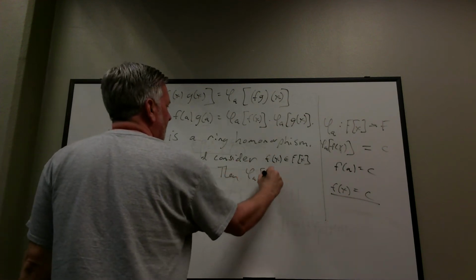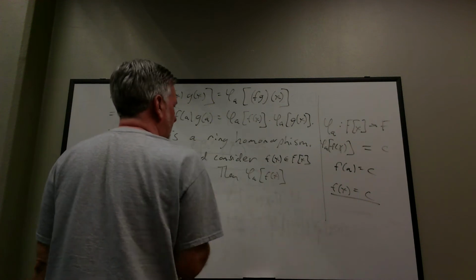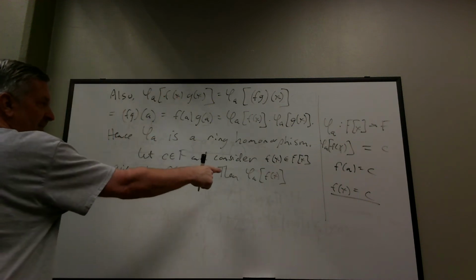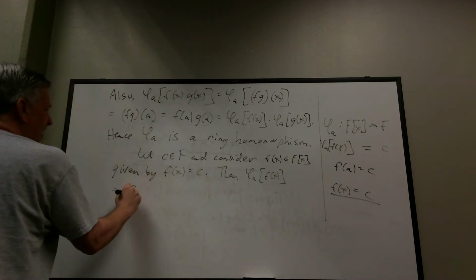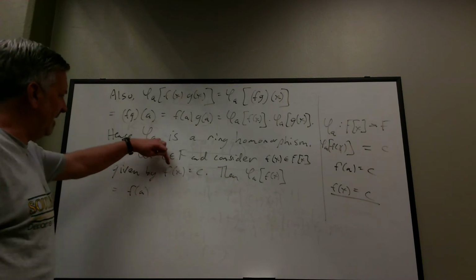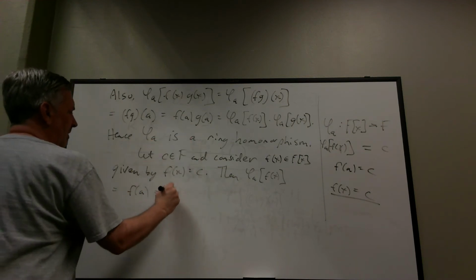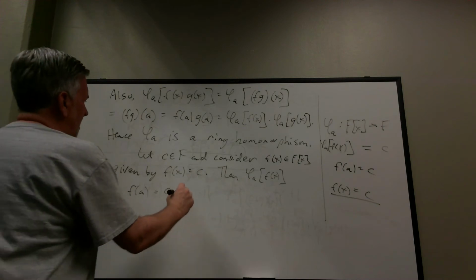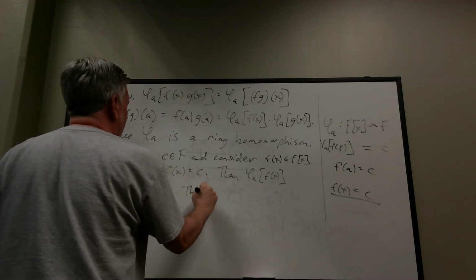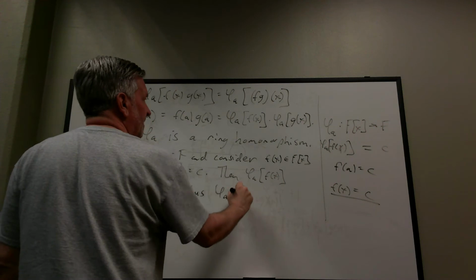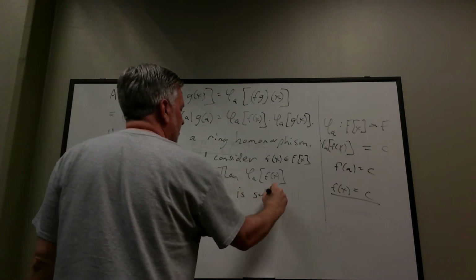Phi a of this f of x, by definition of phi sub a, is f of a, but we just said f of anything is c. Thus, my function phi sub a is surjective.